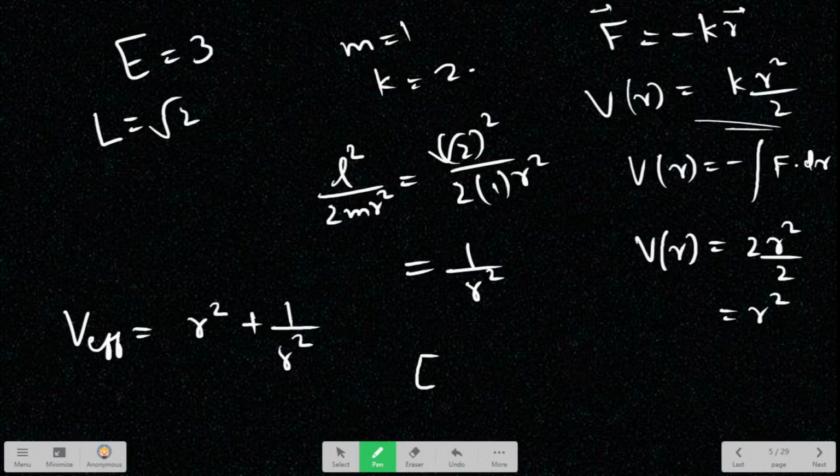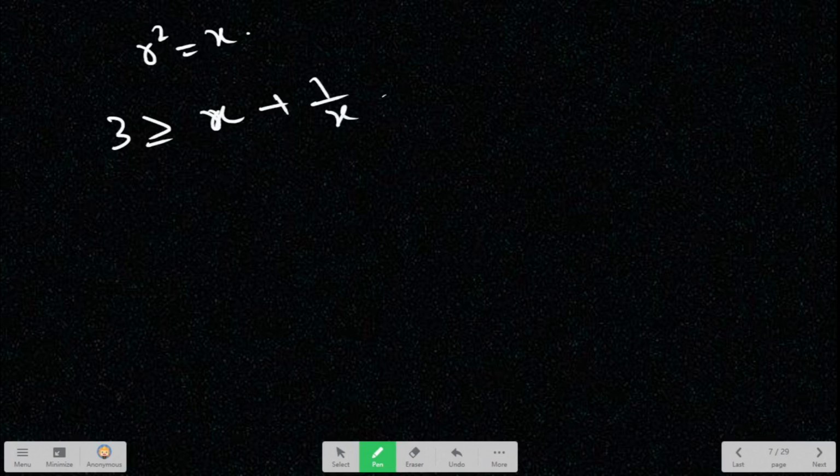According to the formula we developed, E is greater than or equal to V effective. This implies 3 is greater than or equal to R square plus 1 by R square. Let's put R square equal to X. Then 3 is greater than or equal to X plus 1 by X. Now for the boundaries, at the turning points there will be no greater than, it will be equal to.